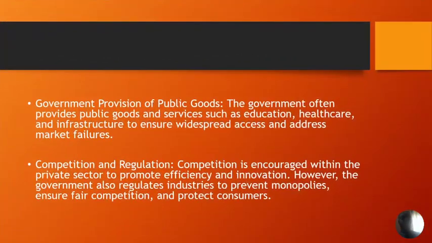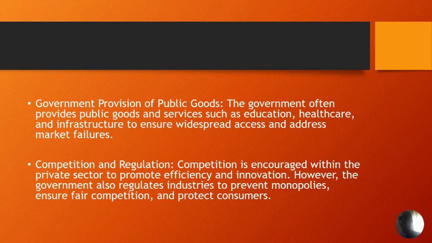And then you have government provision of public goods. The government is the one which provides public goods, which are non-excludable and non-rivalrous. The government often provides public goods such as education, healthcare, and infrastructure to ensure widespread access and address market failures.